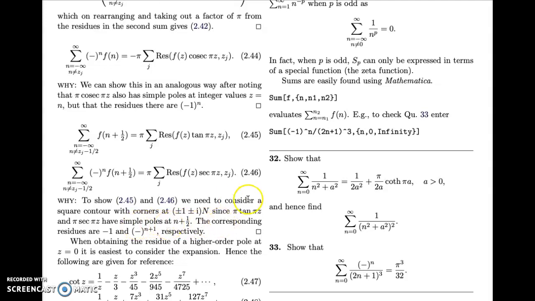So we end up with simple poles at n plus a half. And okay, if you work out the residues at those places, you get 1, and minus 1 to the n, respectively.